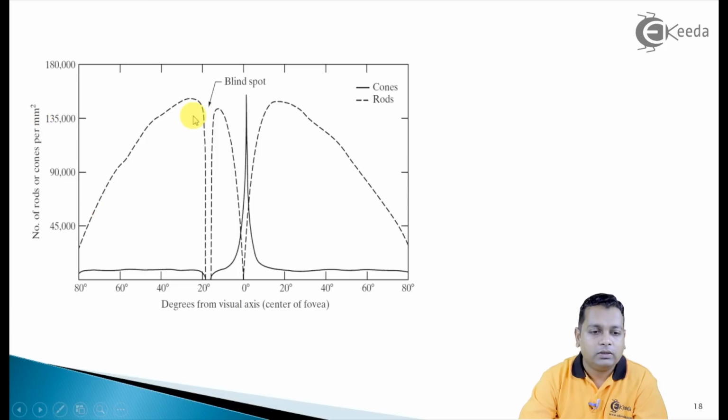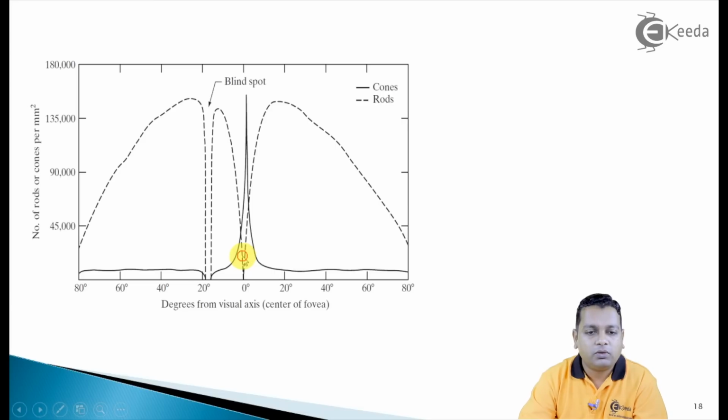We can see the dashed line for the rods and the solid line for the cones. Toward the periphery, the cones have a very small concentration, and at the center there is a high peak, whereas at the center the rods are equal to 0, and they have higher numbers on both sides of the center.